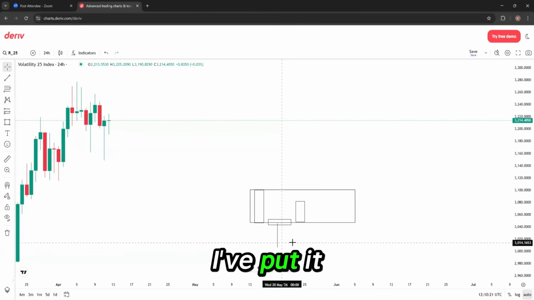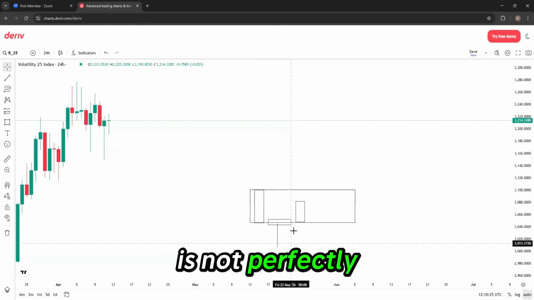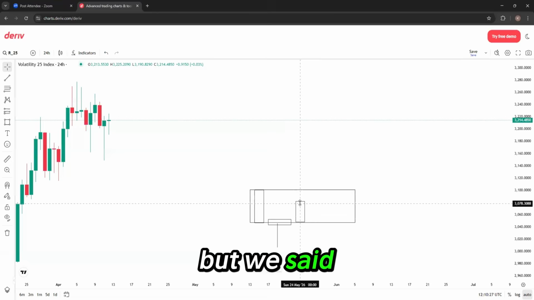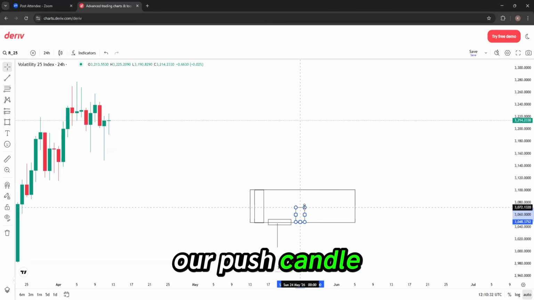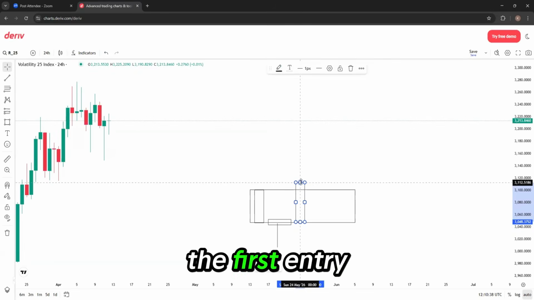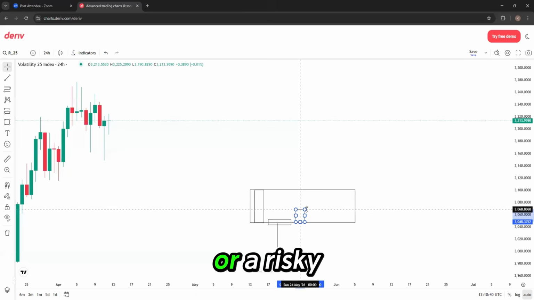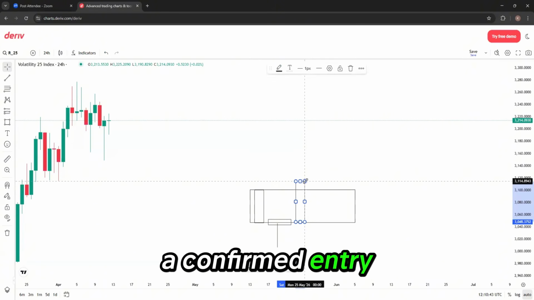Forgive me if I've put it in the wrong place here, because my TradingView is not perfectly aligning it, but we said as soon as we reach half of our push candle, we enter, and as soon as we close above half of our push candle, we enter again. The first entry being an aggressive or risky entry, and the second entry being a confirmed entry.